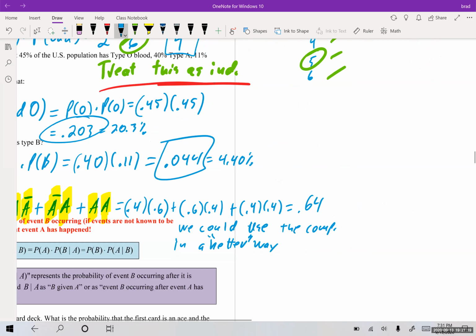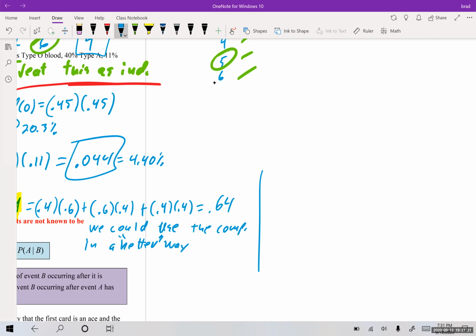Are type A. So what I could have done is I could do probability of at least one type A is equal to 1 minus probability of none type A, sorry.